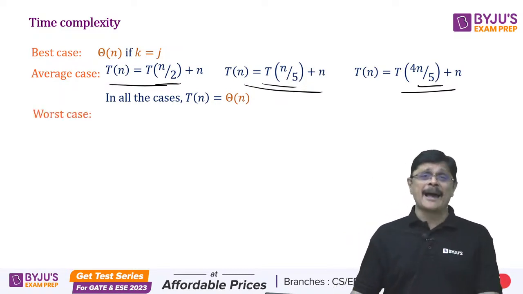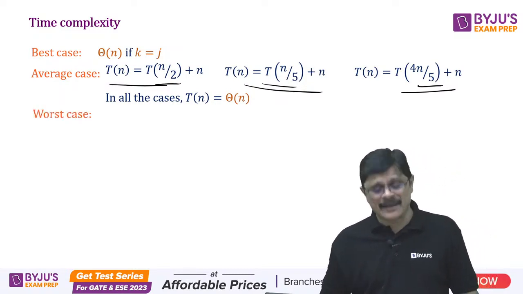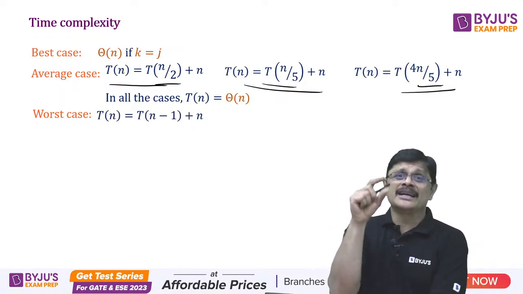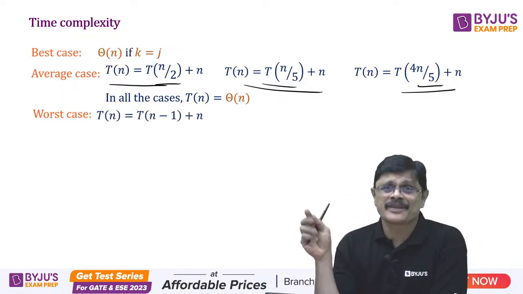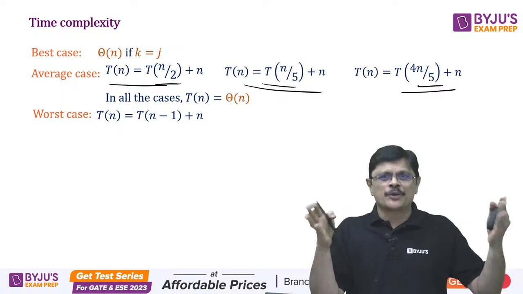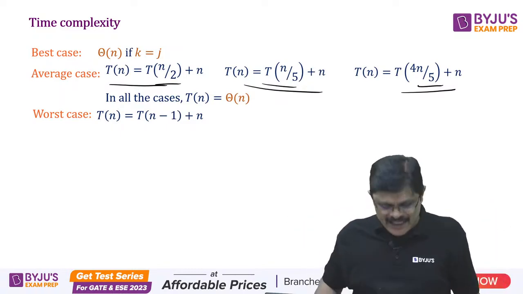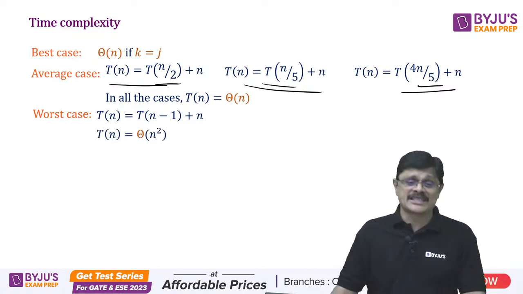But the worst case happens when the jth element is on one side and the remaining n minus 1 work you have to do. That is T(n-1) + n. In this case, the time complexity will be theta n square, my dear friends.